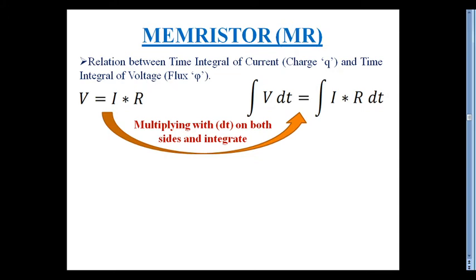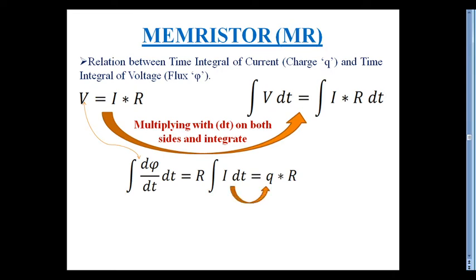Then V is your d phi by dt, and R I dt. So V equals to d phi by dt, and dt should be cancelled. And I dt is your Q. So we can say phi equals to Q into R. So this one is the relationship between flux and charge. It is originating from the V equals to IR equation.